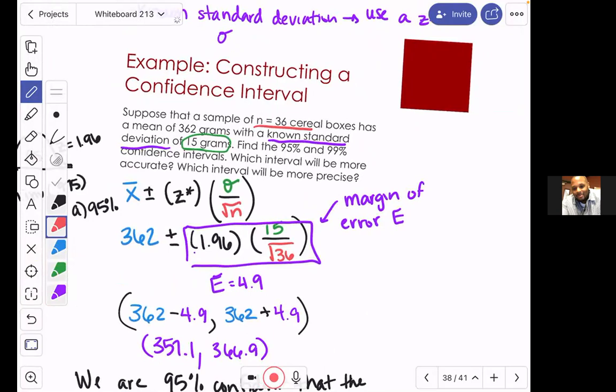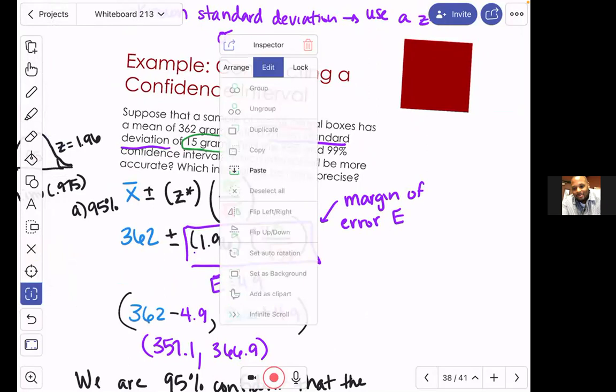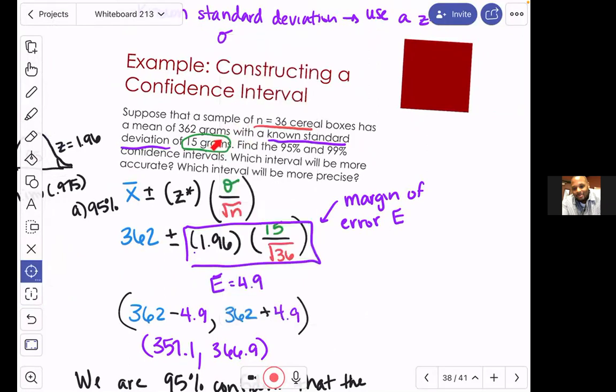Generally speaking, in the real world, we don't use the Z critical value because rarely do we actually know the standard deviation. Most of the time we're estimating it from the sample. But in this case, we're going to act like we know it, so because it's a known standard deviation of 15 grams, we're going to use a Z critical value.